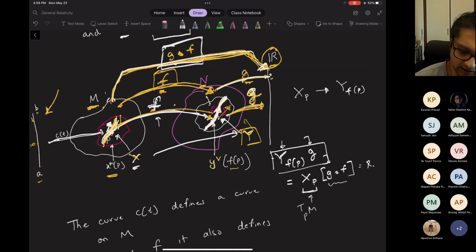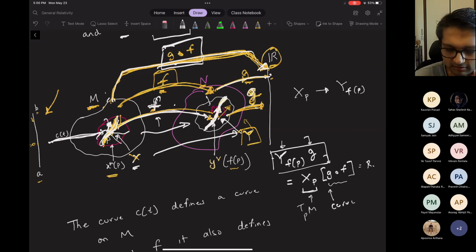And the reason it doesn't work in reverse is that you're defining the curves on M. So you can construct any arbitrary x_p by choosing arbitrary curves on M, but these arbitrary curves on M may not give you all possible curves through the point f(p) on N. It depends on what this map f is. If it doesn't give you all possible curves, then you're not going to get all possible tangent vectors.